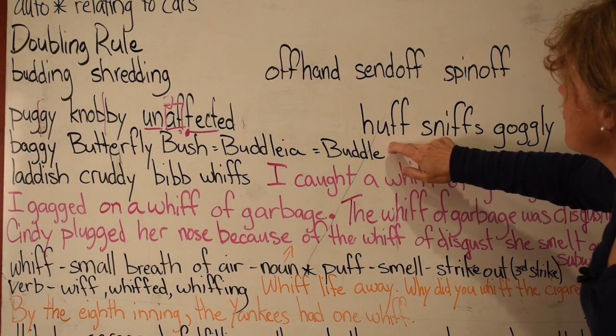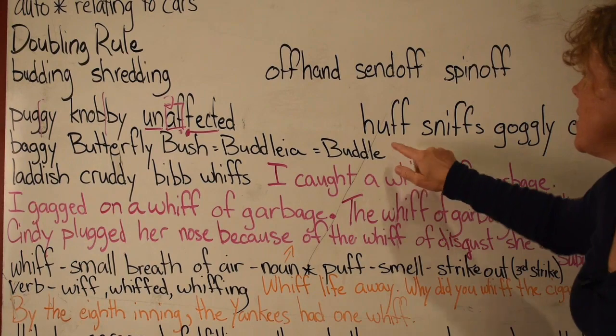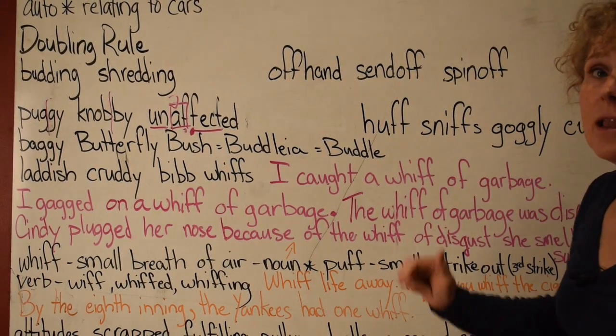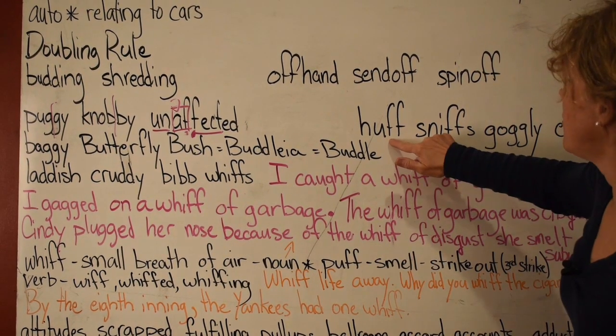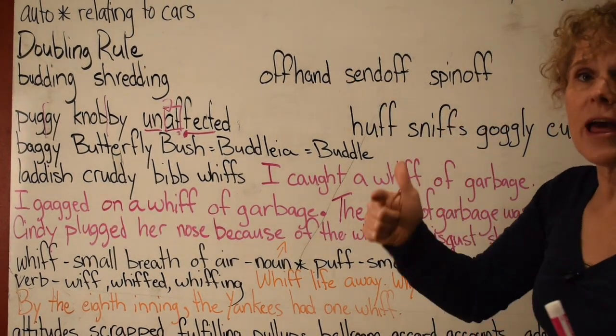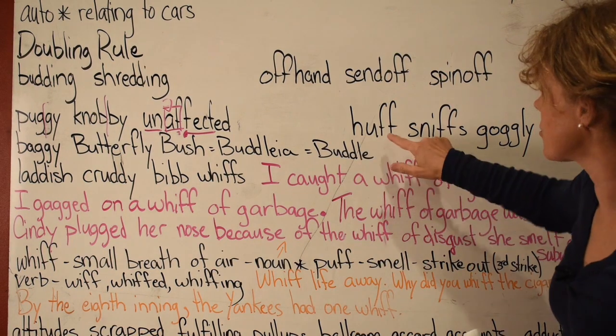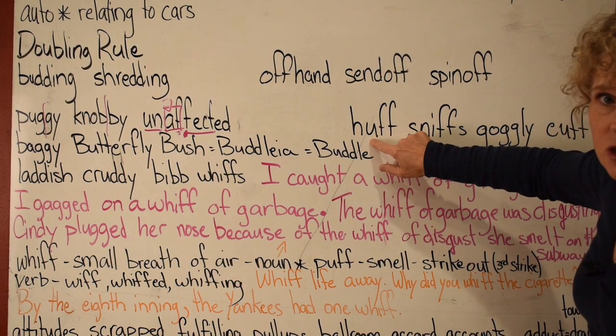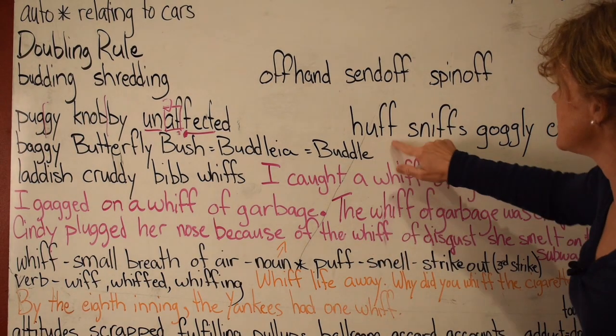Okay, now we have huff. This is the rule that if it has one vowel and it ends in an F, L, S, or a Z, then, and just put it in order, F, L, S, and Z's. It's alphabetical order. You're going to double it. See how this F is right next to its vowel. One vowel. And it's doubled.